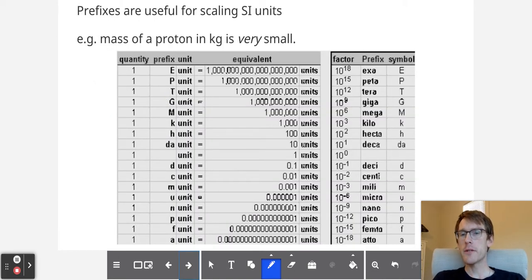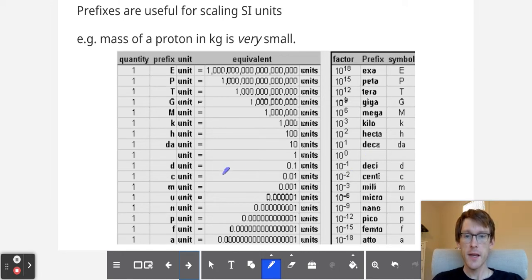Now, I'm going to move on here to the prefix system, and you may be familiar with things like centimeters and millimeters. The centi is a prefix that means 10 to the negative second. So, for example, I look at this chart here, I can see the centi relative to the base is 10 to the negative second.